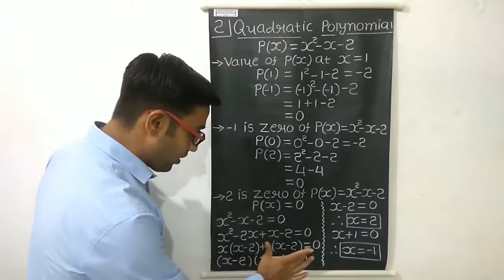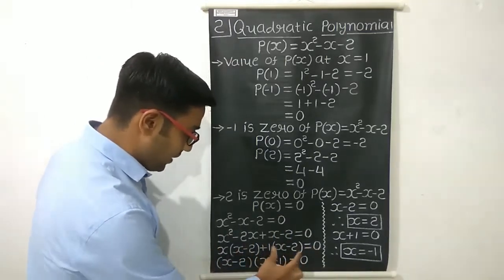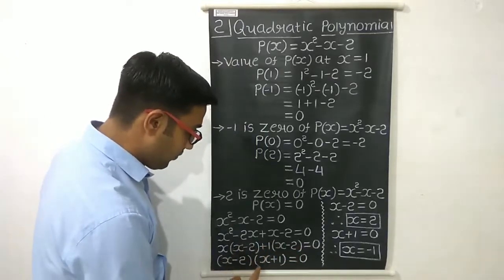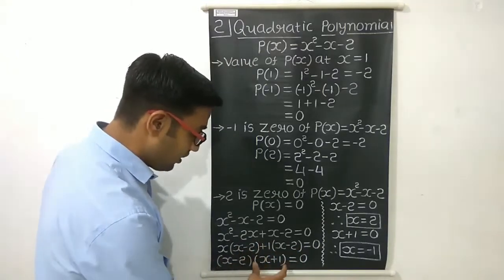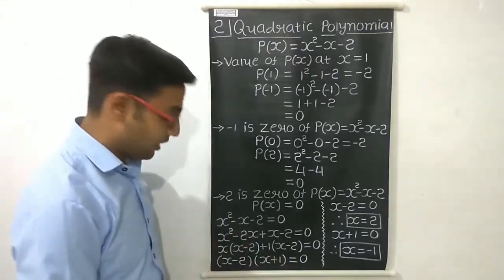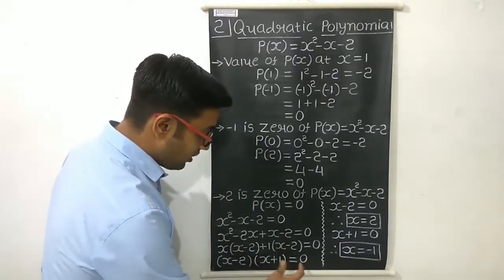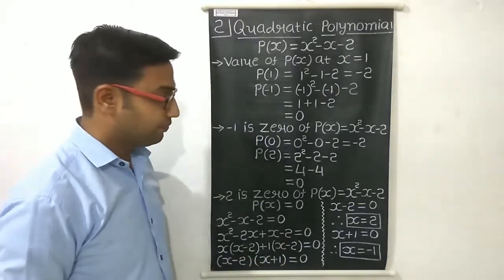Now from these 2 terms, we can again take x minus 2 as a common. By taking x minus 2 as a common, what will remain? x plus 1, that we have to put in another bracket. So x minus 2 in the first bracket, x plus 1 in another bracket, equals to 0.